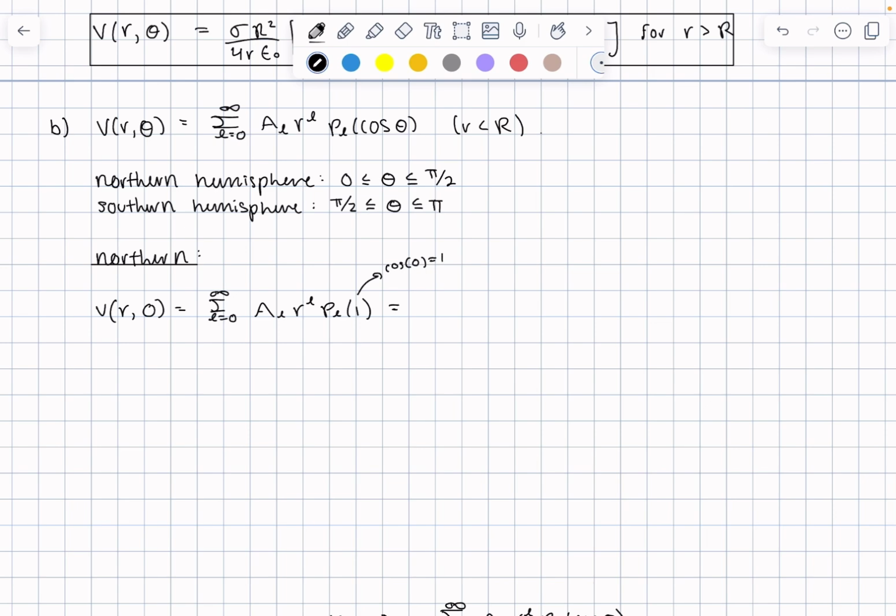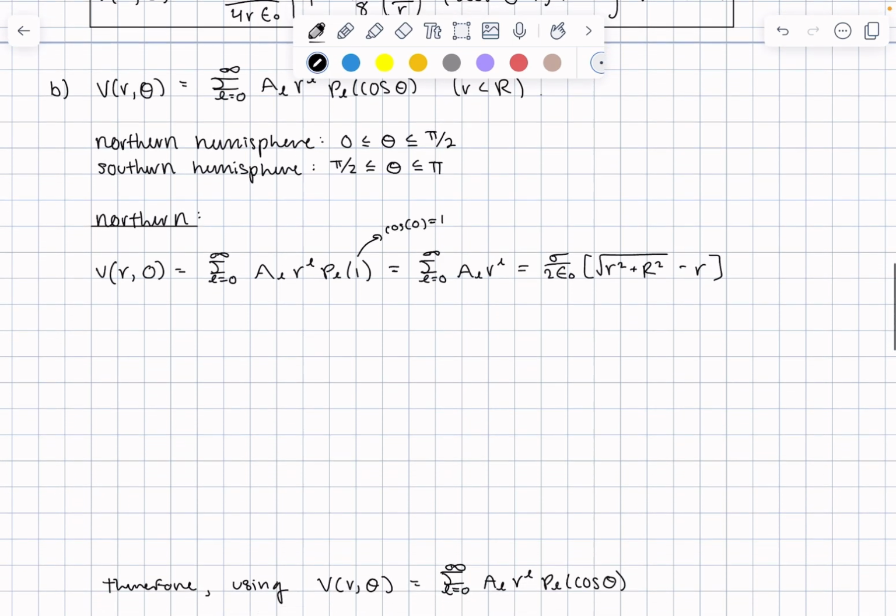So then again, we'll just rewrite it. The sum from L equals 0 to infinity of a_L r to the L has to be equal to sigma over 2 epsilon naught times the square root of little r squared plus big R squared minus little r.